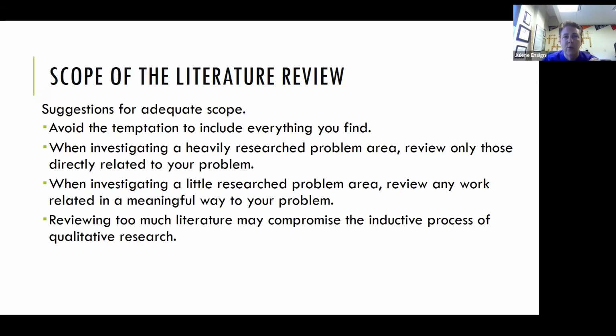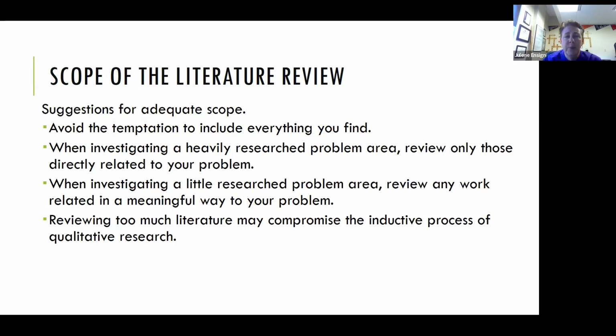I usually start real specific, and then if I can't find what I need, I start to be more general. Going back to my example, if I can't find anything on high school math, I might look at whatever my topic is in high school students, or among K-12 students, and broaden out until I have enough to create my literature review.